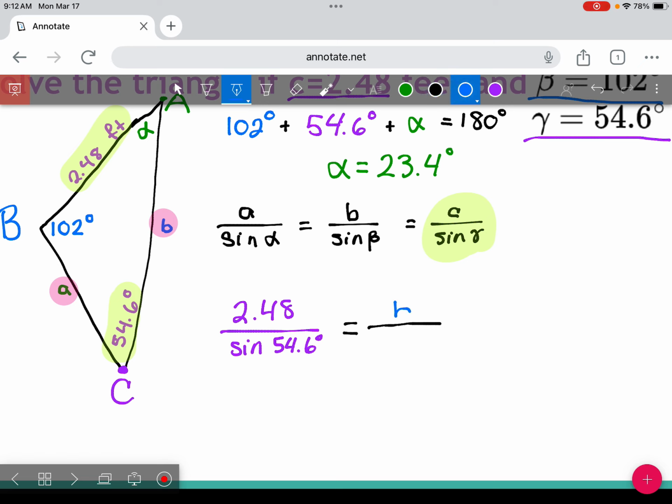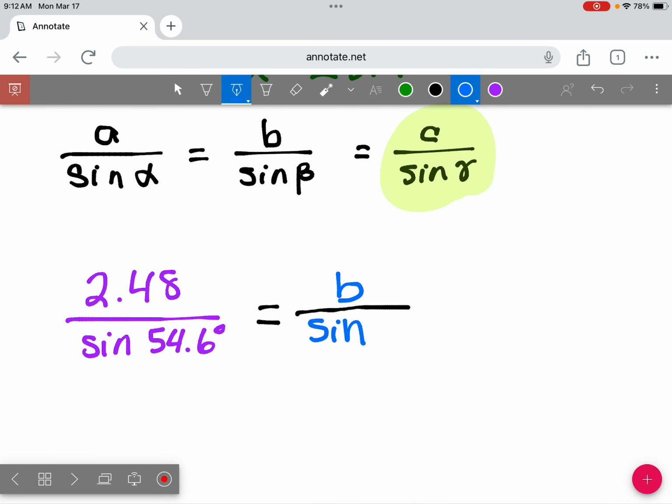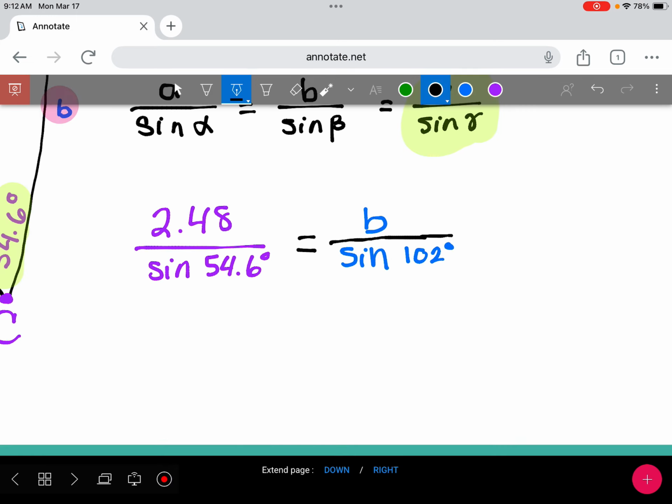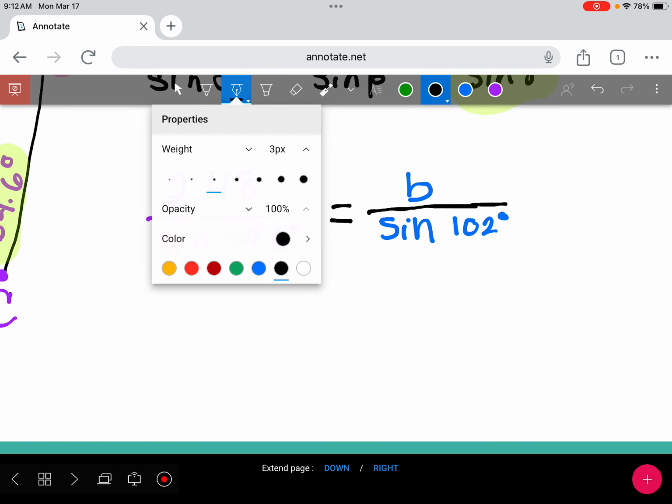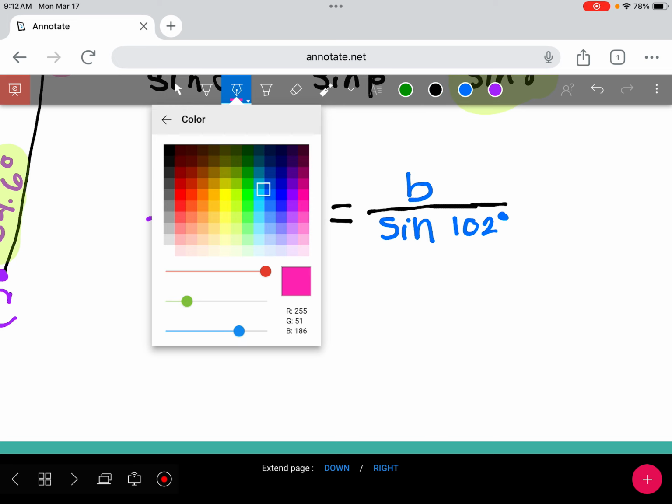So we know that side B is going to be over sine of beta. Beta is 102 degrees. Do we know what the value of sine of 102 degrees is? I don't think so. That's not a unit circle value. So what can I do to get B by itself over here? Multiply by our sine of 102.